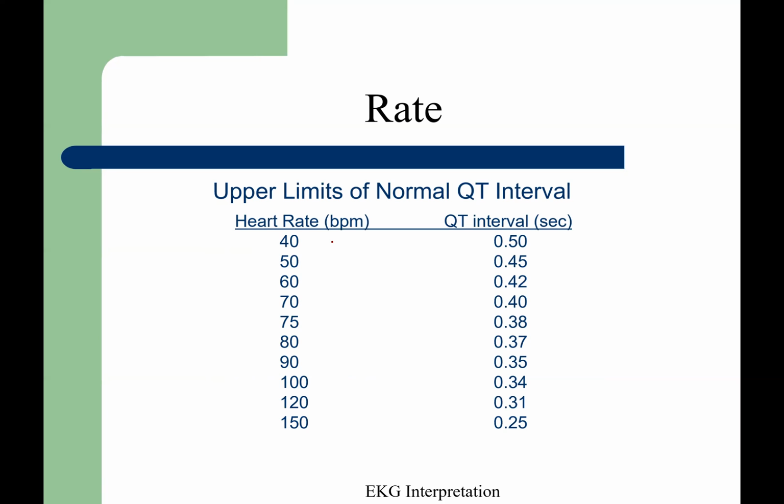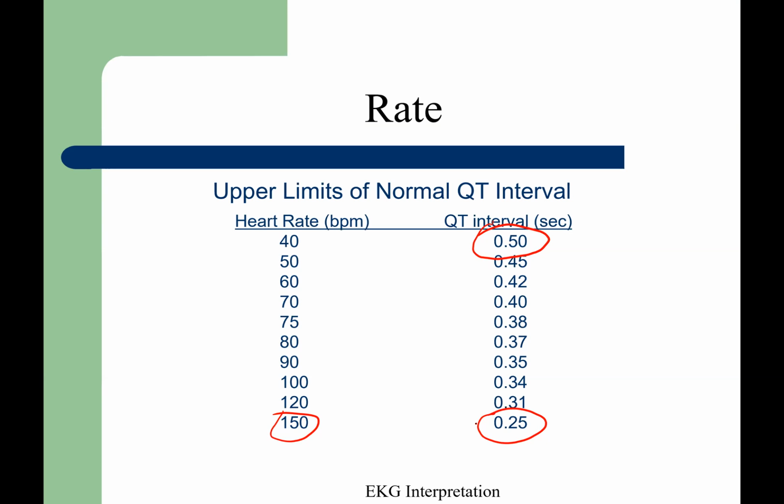You're going to notice that the QT interval changes based on heart rate. The slower your heart rate is, the longer the QT segment. The faster your heart rate is, the shorter that QT segment. So there's an inverse relationship between the rate at which your heart goes and the length of your QT interval.